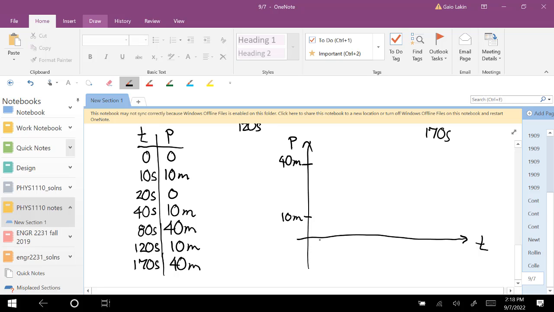Okay, so 0, 10, 20, and then 40, 80, 120. Oh, and there's still a 170 way out there.